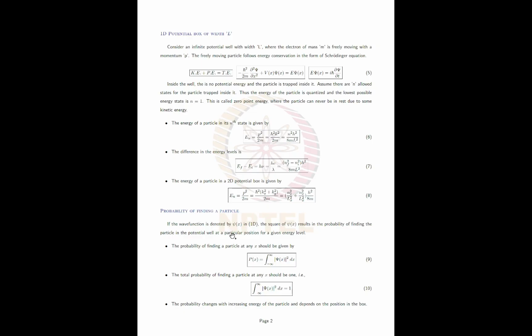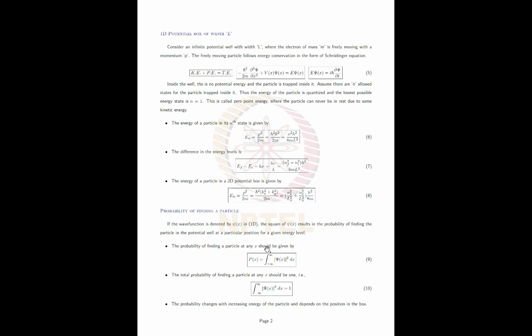And then you can calculate the probability of finding a particle using the wave function. If the wave function is given by psi x, the probability of finding the particle is given by the square of psi x.